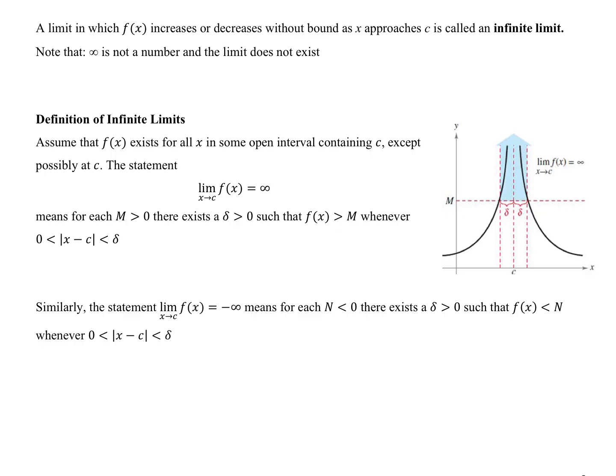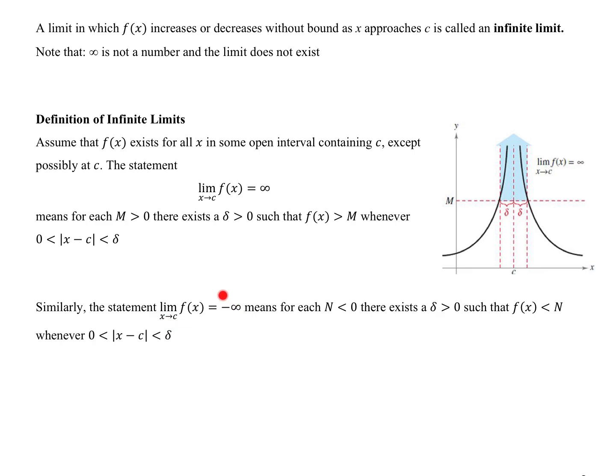Because this M can be arbitrarily chosen, it can be arbitrarily large. So when this happens, this implies f of x has to be approaching infinity, because it's always greater than an arbitrarily chosen large number.